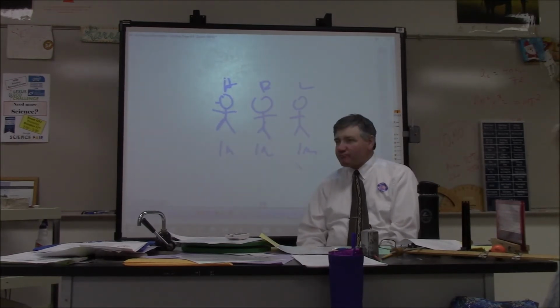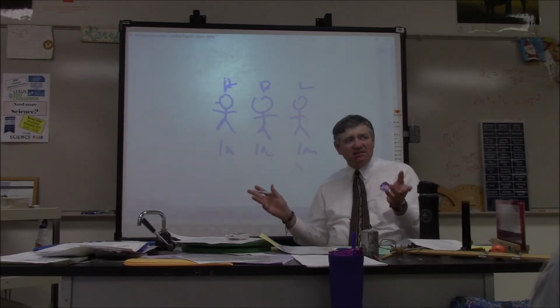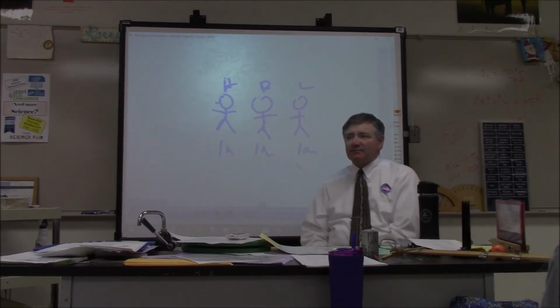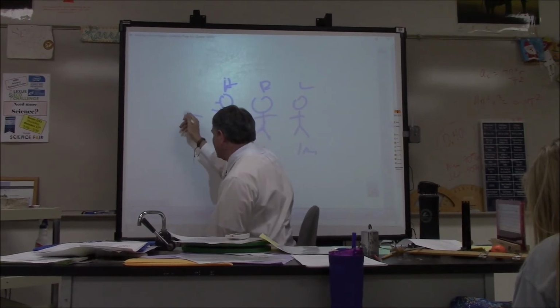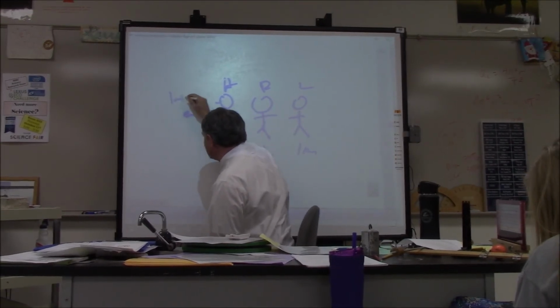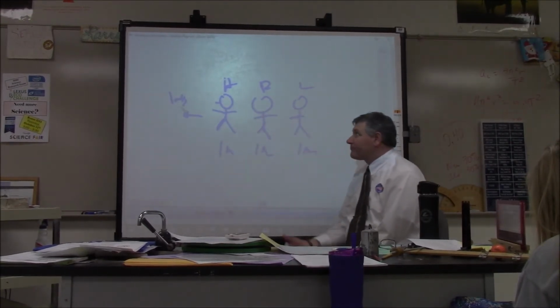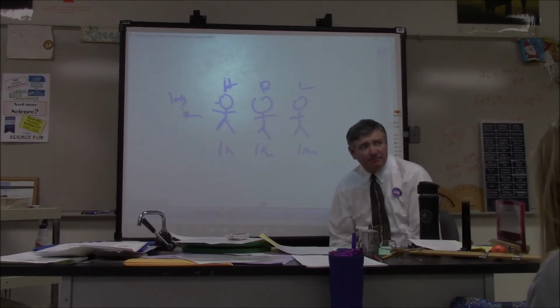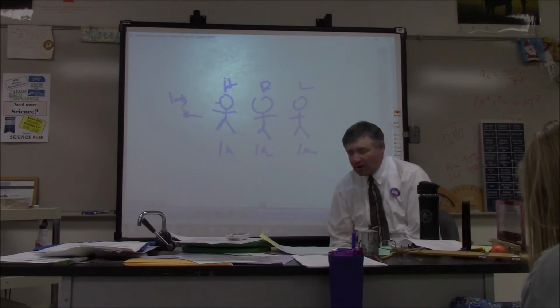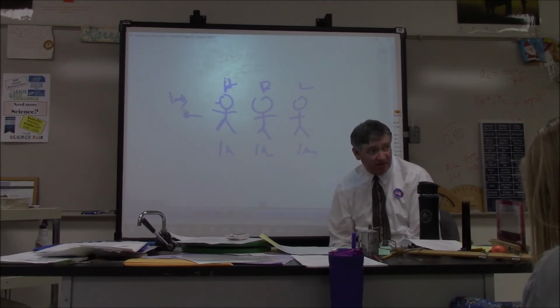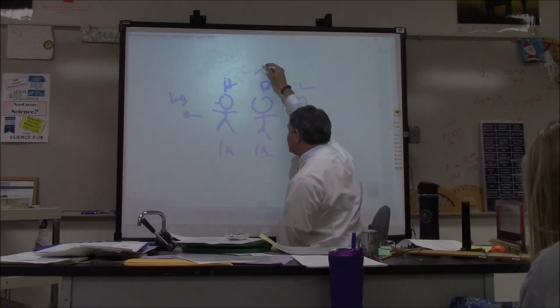What's an easy velocity that they could have? 1. So Huey's going this way with a velocity of 1 meter per second. What's Dewey going to do? Go the other way, with a velocity of not 1, but negative 1. It's a huge difference, right? Negative 1 meter per second.